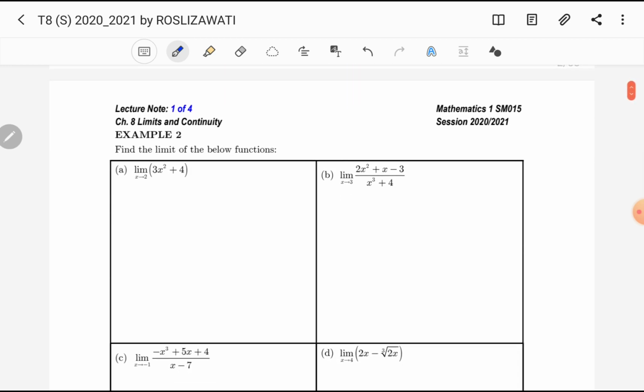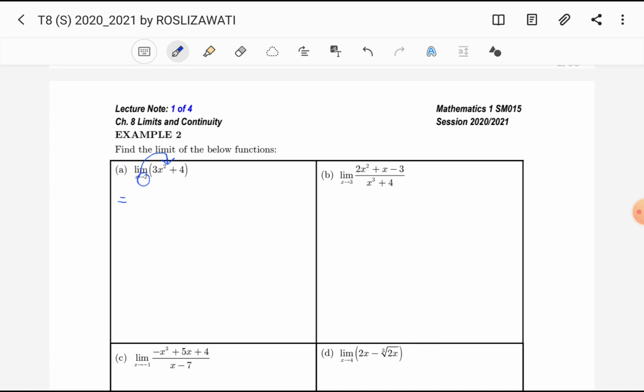Okay, next. Find the limit of the below function. So to find the limit, we just need to substitute, okay, x with the number yang dia bagi x approaches number tu. So number tu lah yang kita akan replace. Ya, okay. So bila kita masuk je nombor tu ke dalam function kita, automatically perkataan limit tu, lim tu akan hilang.